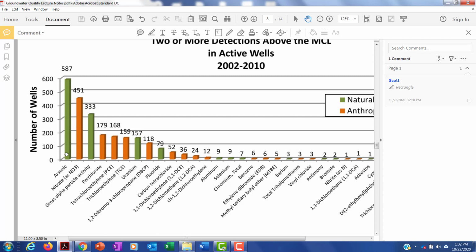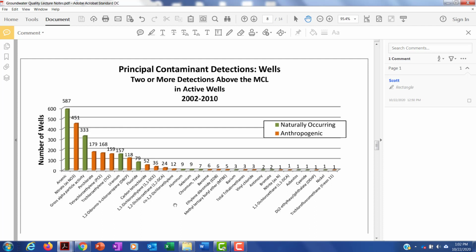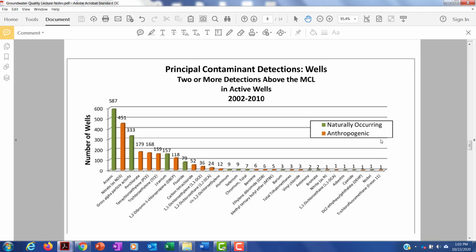And so you can see the number one chemical that is causing the most problem for wells is arsenic. And arsenic, as you know, is naturally occurring, primarily. There are cases where a certain industrial waste or something has arsenic in it. That can happen. But basically, the problem with arsenic is that it's found in Earth's crust naturally, and the arsenic leaches out of the rock and soil material and gets in our groundwater.